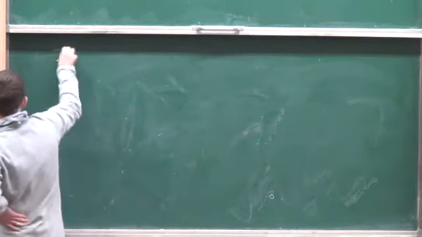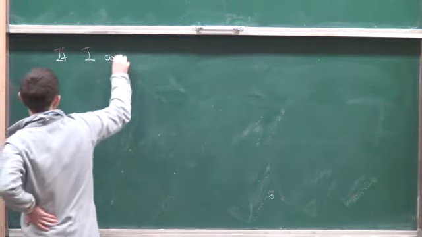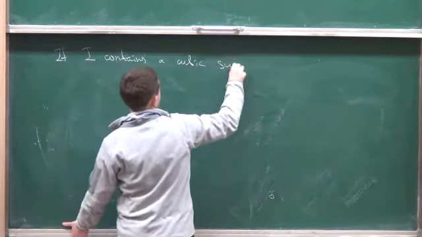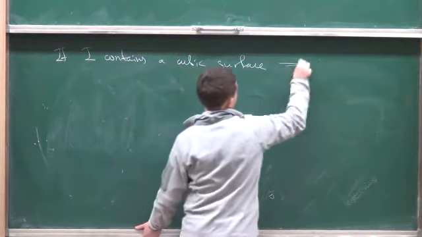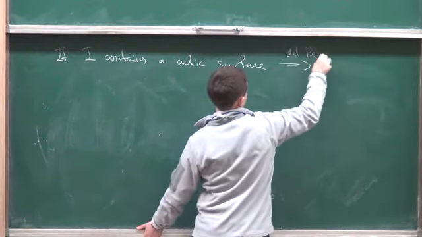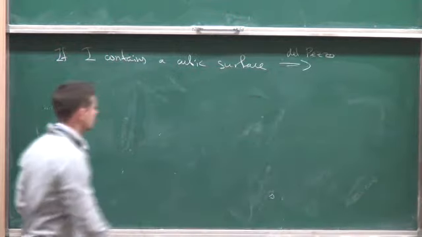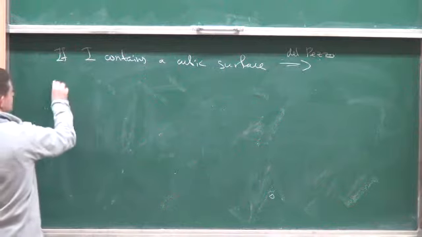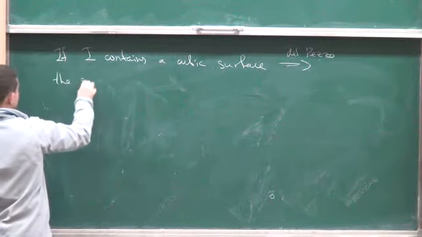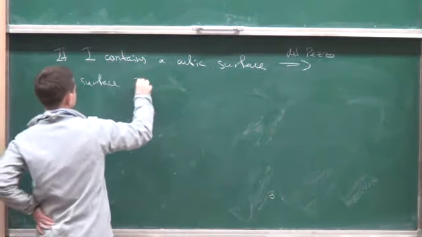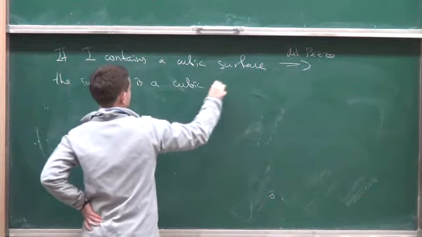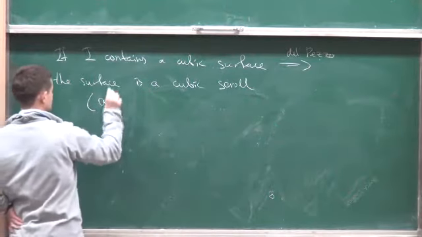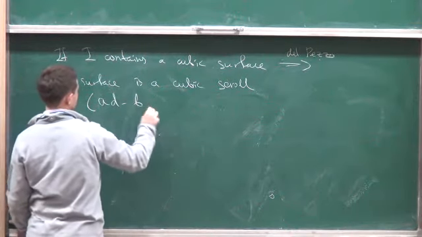So if I contains a cubic surface, then by a result of Del Pezzo, the classification of minimal surfaces, we know that the surface is a cubic scroll, and it's given in some coordinates by the following equations.